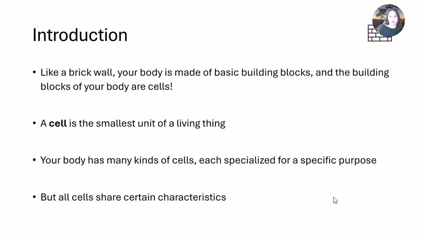Like a brick wall, your body is made of a bunch of different kinds of cells. Like the brick wall, your body is made of basic building blocks, and the building block of your body is cells. There could be different kinds of cells, but they all have some things in common. A cell is the smallest unit of life or of a living thing.